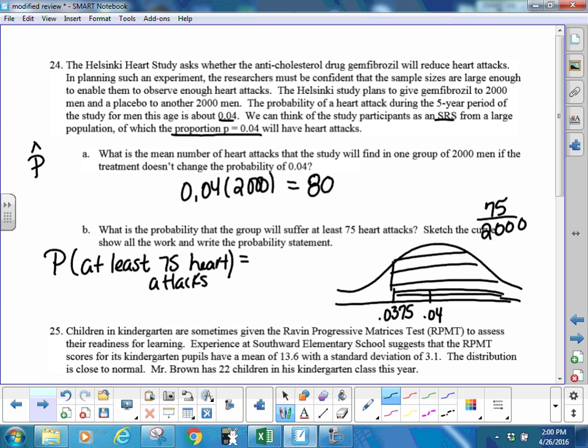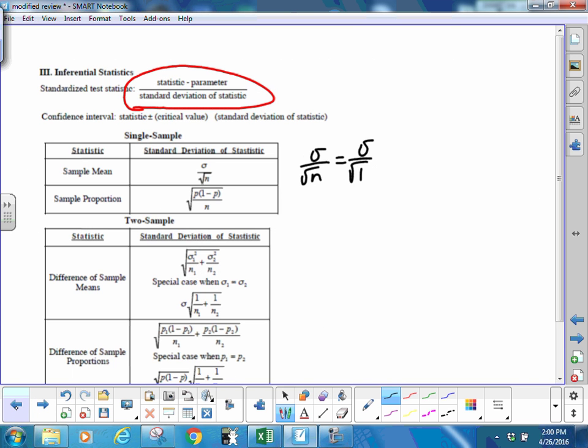You need your standard deviation. The standard deviation is handled a little differently with proportions, but luckily you just go to your reference sheet, standard deviation, sample proportion, and there's your formula. It's irrespective of whether there's one in the sample or it's different than me.